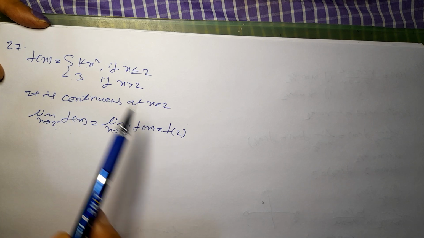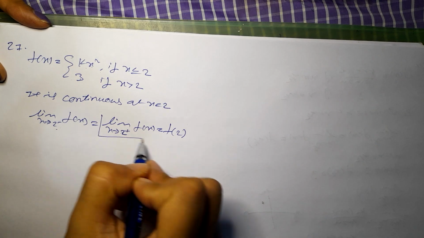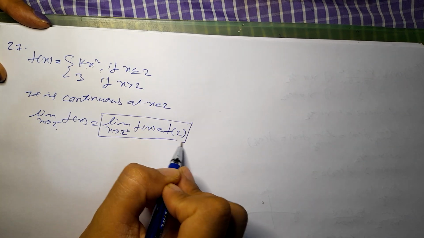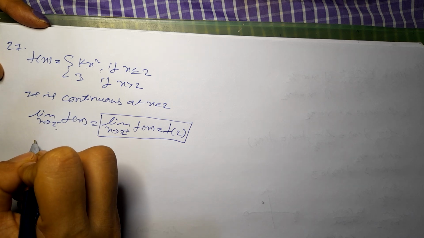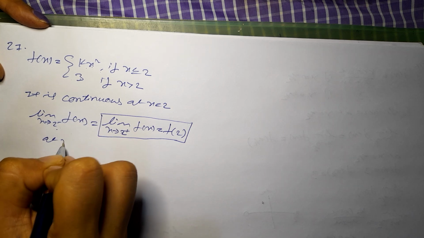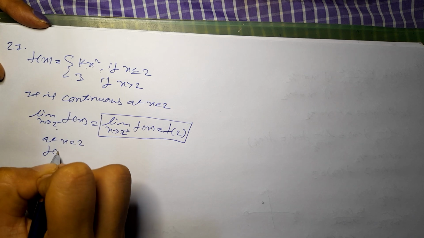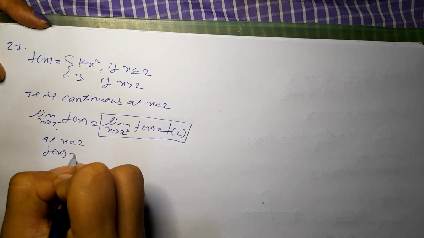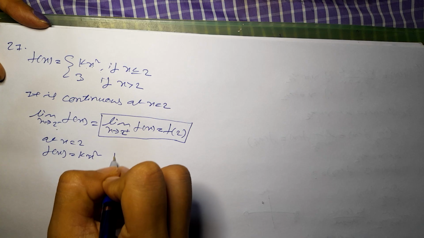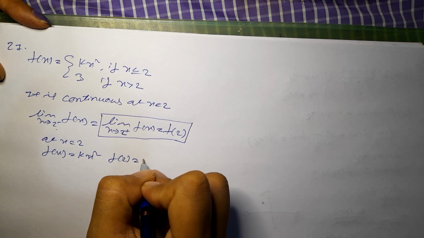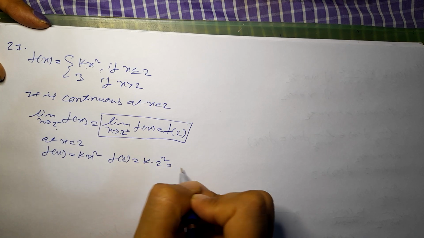So take f of 2 and the right hand limit. So f of 2 will be, at x equal to 2, f of x, that is kx square, so it will be k 2 square, that is 4k.